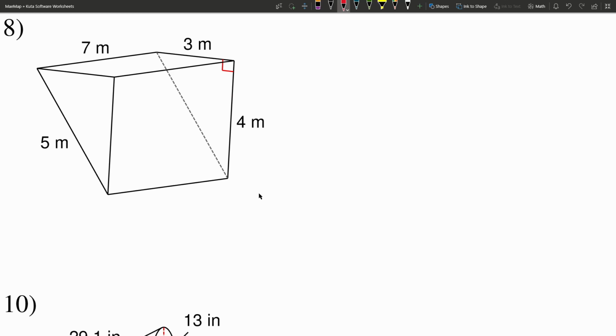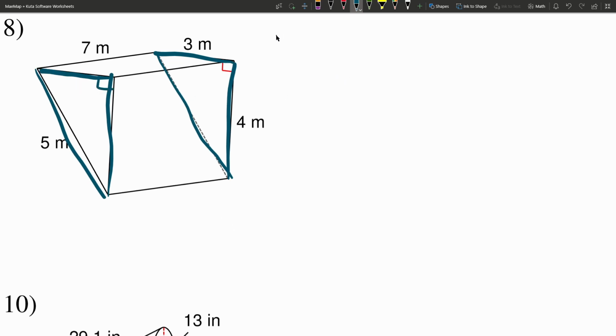Number 8, we have another prism, and it's a triangular prism. So let's identify our bases. Our bases are going to be the same on each side. So we have one here, and we have one here. So 2 bases, each the same exact area. So that's going to be 2, calculating the area of those sides, times the area of, well, they're triangles.